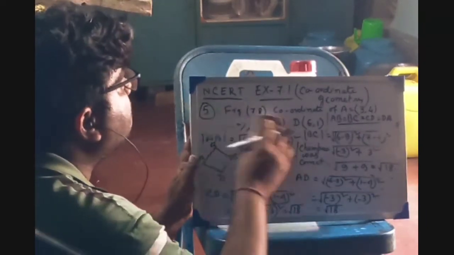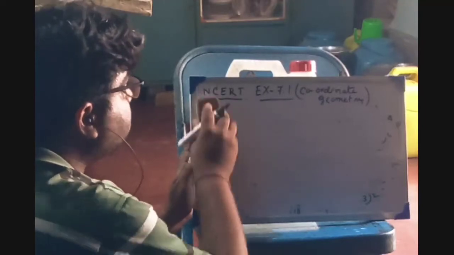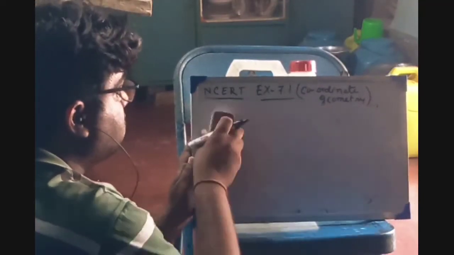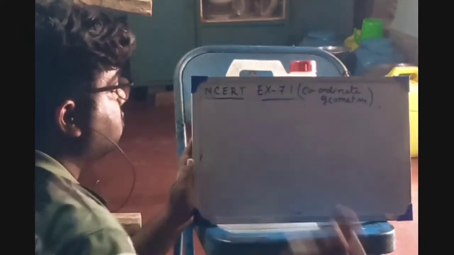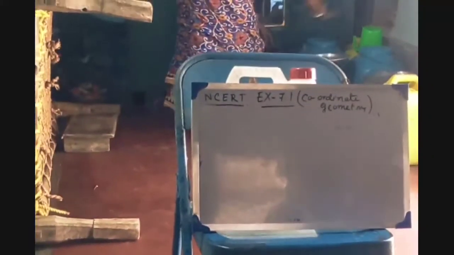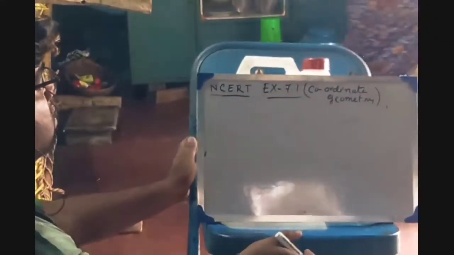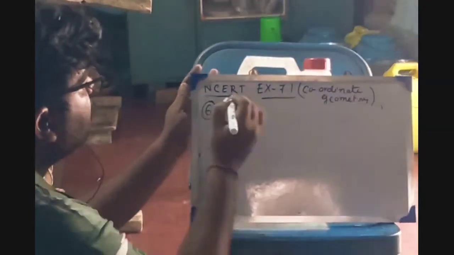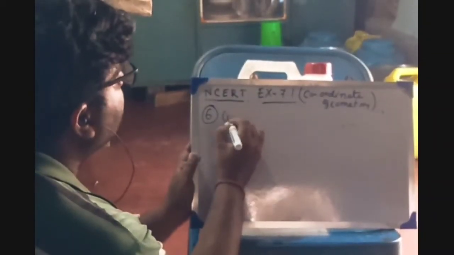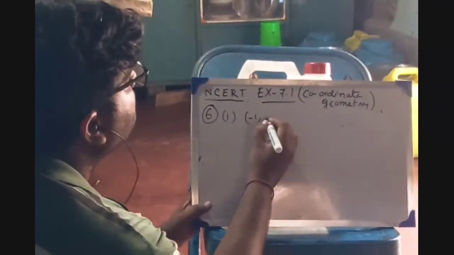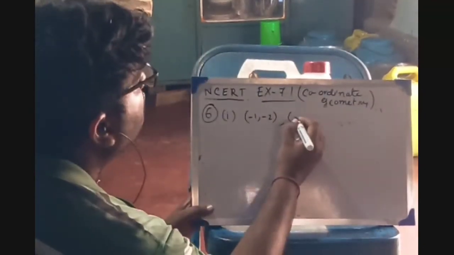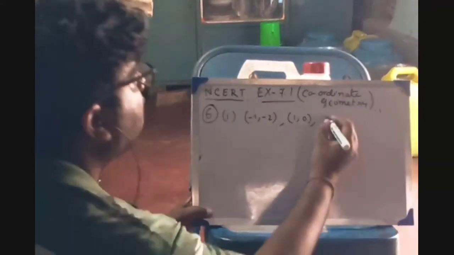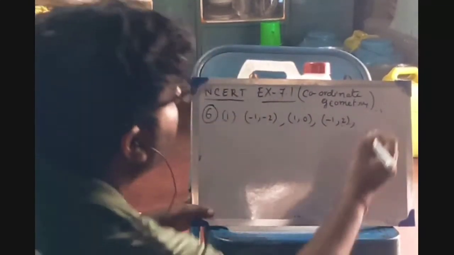Now in question number 6, it is told us to name the type of quadrilateral formed. So the first group given here is minus 1 comma minus 2, next 1 comma 0, next minus 1 comma 2, next minus 3 comma 0.